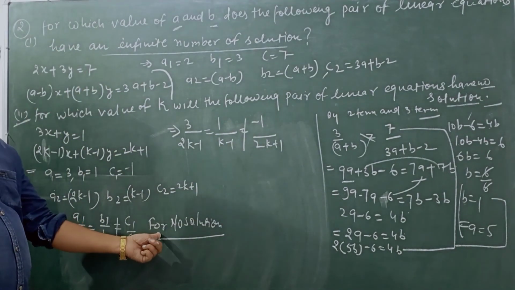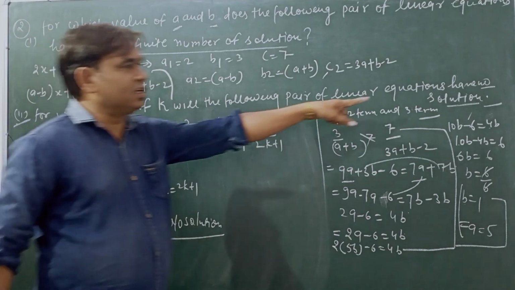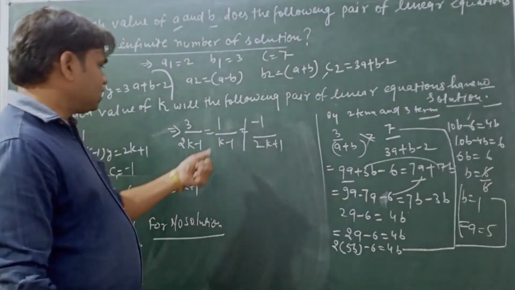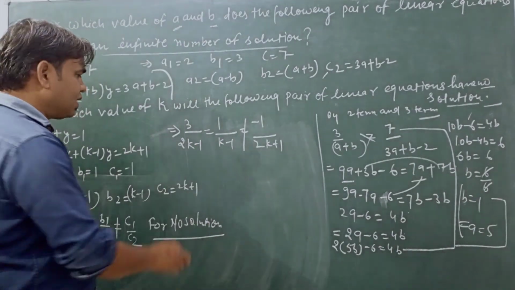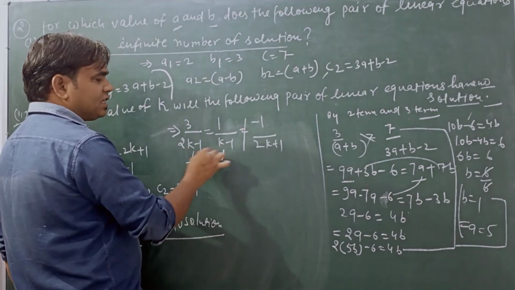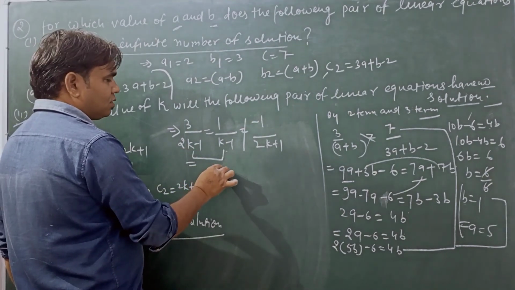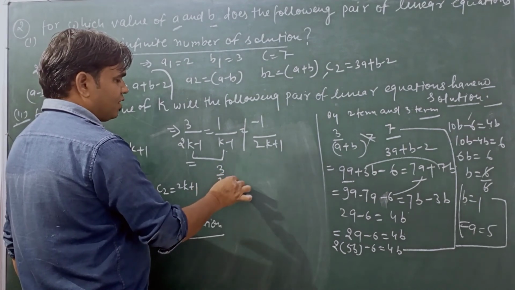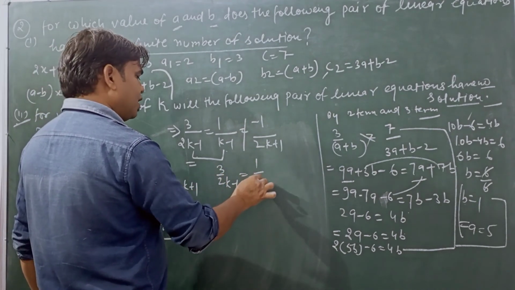According to the condition, we take first and second terms: 3 over 2k minus 1 equal to 1 over k minus 1.